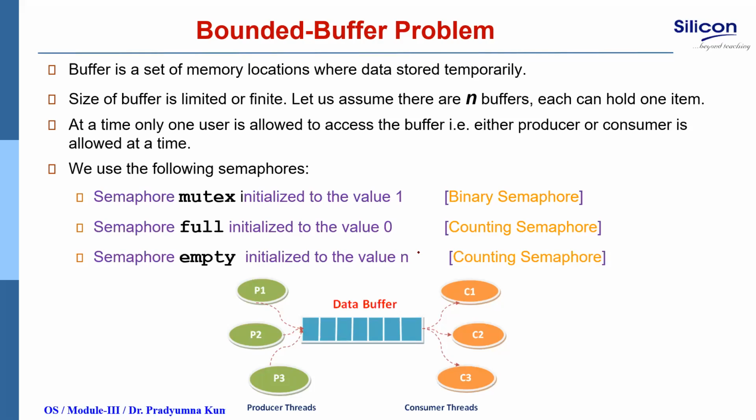Correct? In the producer consumer problem, or bounded buffer problem, there is an entity called producer and another entity called consumer. Listen carefully, there are two entities. One is the producer, which goes on producing the items. The consumer continuously consumes the items.